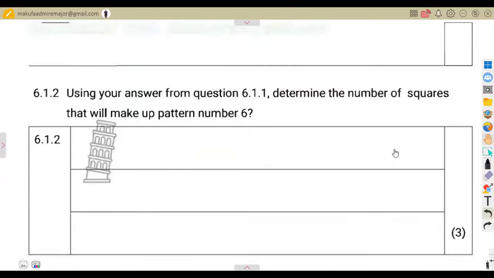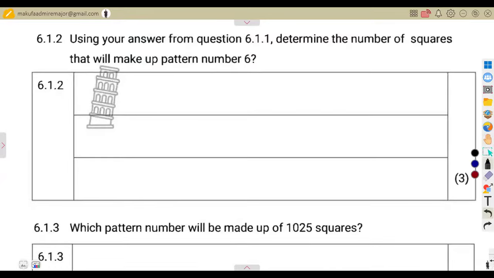Then on 6.12, using your answer from 6.11, from that rule that we had. Remember, our rule is Tn is equal to 4n minus 3. So using that rule, determine the number of squares that will make up pattern number 6.